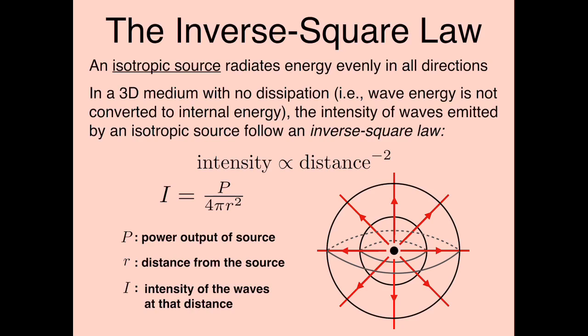So if that's the case, the intensity of the waves emitted by an isotropic source is going to follow what we call an inverse square law. That means the intensity is proportional to the distance to the -2 power, so 1 over the distance squared, in other words. That's the inverse square law for you. So let's derive this, see where it comes from, and then we'll talk about how we can use this.